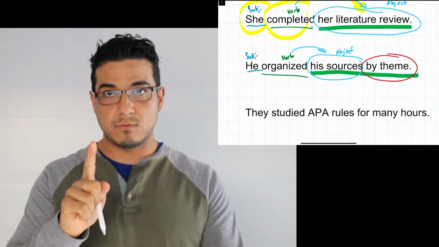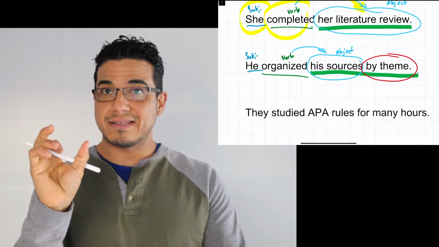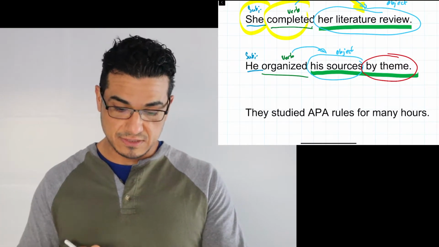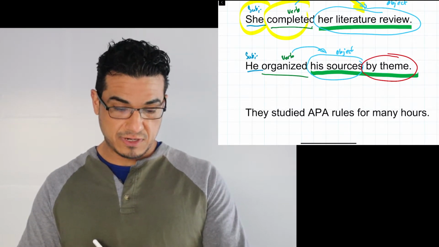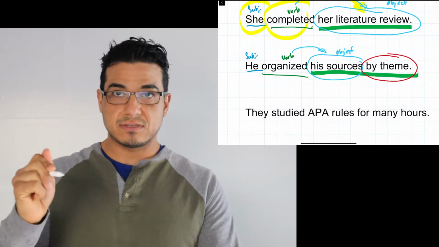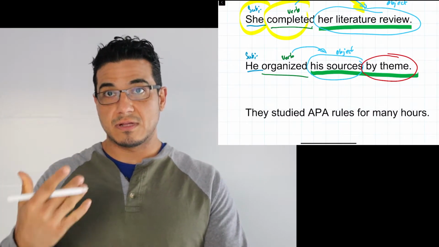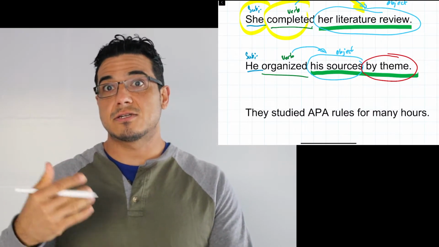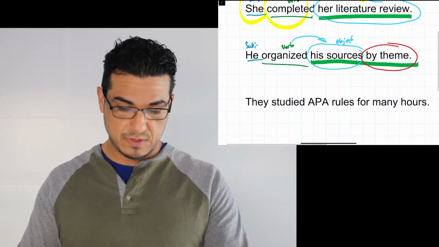So if it were a single word, it would be a preposition. But again, we have two different words acting in tandem, so it's a prepositional phrase. So by theme. So he, subject, organized, verb. His sources, object of the verb, by theme, right? So we're telling you how it was organized, an additional modifier that describes the verb even further.